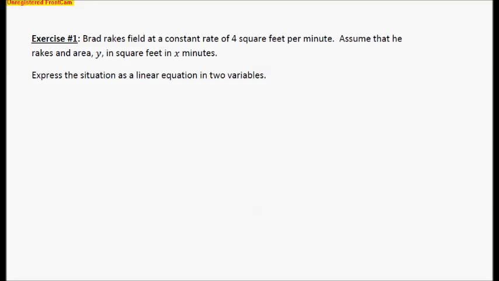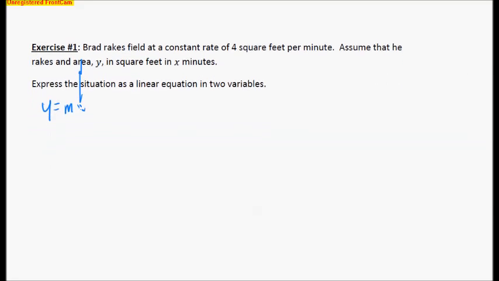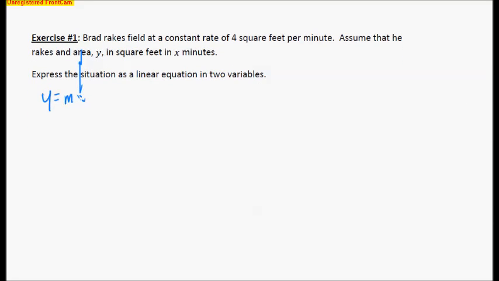So, like we were saying before, what we should be looking for is something of the form y equals mx plus b. I'm going to turn on my blue and change that to a slightly darker blue. So we want an equation in the form y equals mx plus b.